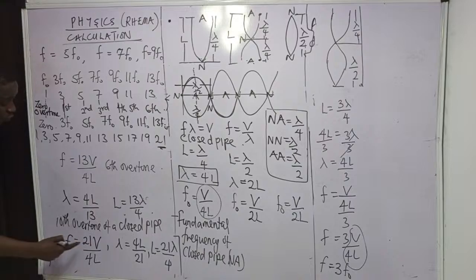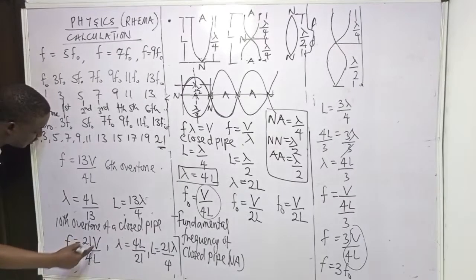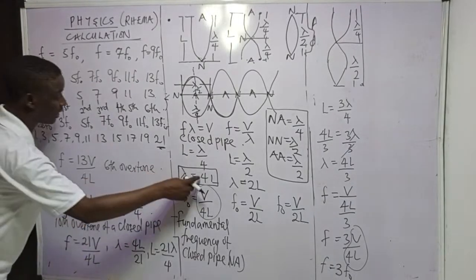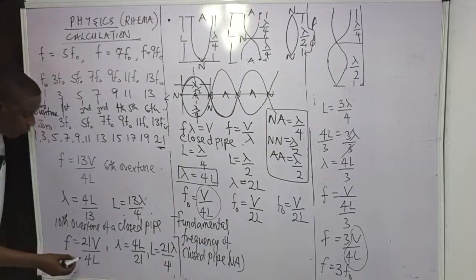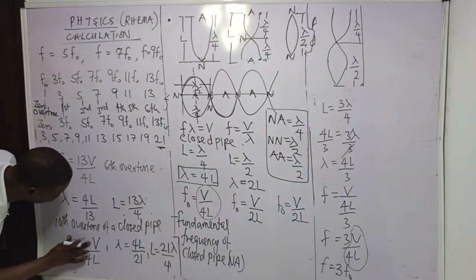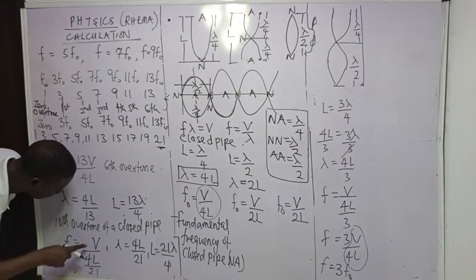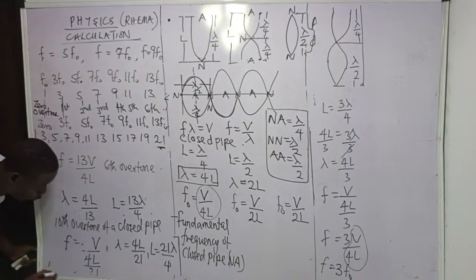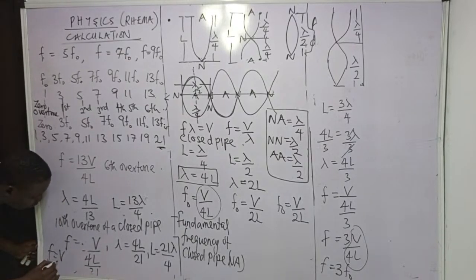When this one is 21, then 21 V over 4L, normally V over 4L, is the fundamental frequency. Now from there, the wavelength will be what? Don't forget that frequency equals velocity over lambda.